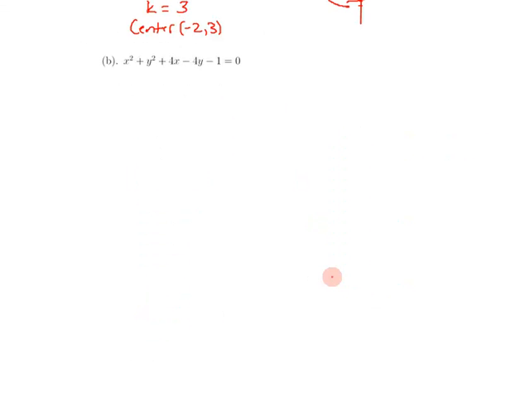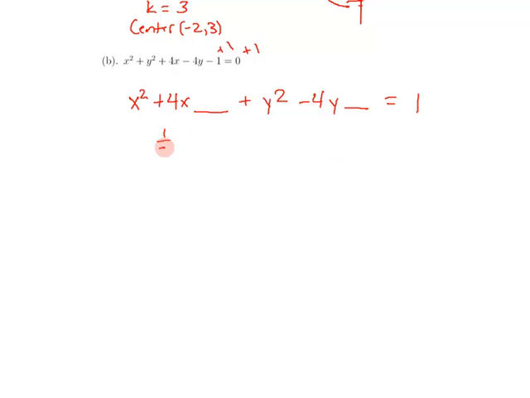Let's do one last problem just like that, just for practice's sake. Put the x's together. We have x squared plus 4x, space. Put the y's together. Y squared minus 4y, space, is equal to, add 1 to both sides, put the 1 there.